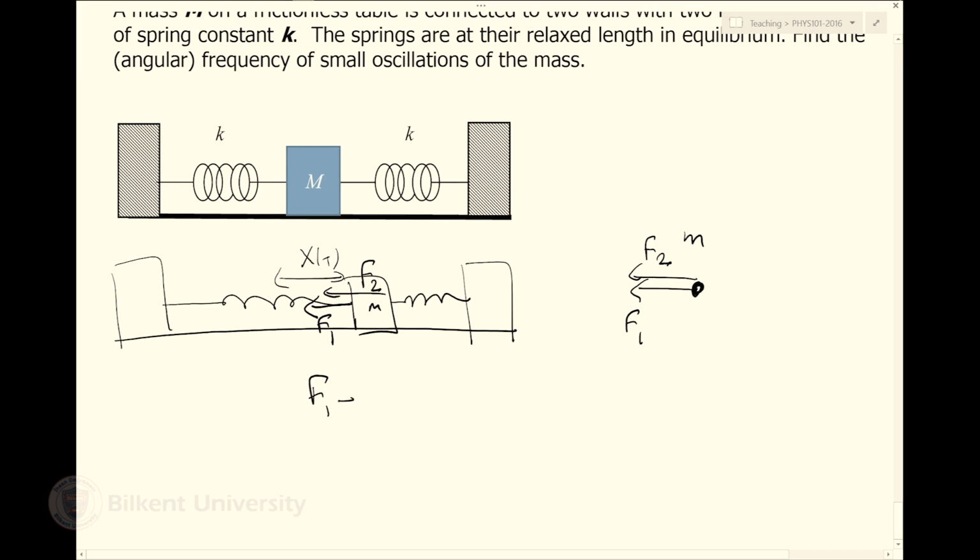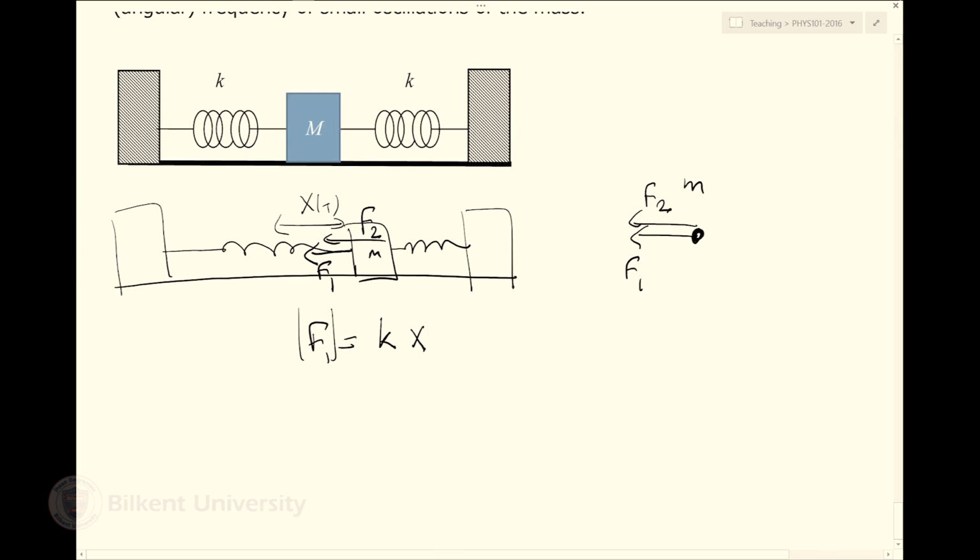What is the magnitude of F1? The first spring is stretched by an amount x, so it's going to be k times x. How about the magnitude of F2? The second spring is compressed by an amount x, so its magnitude is also kx.